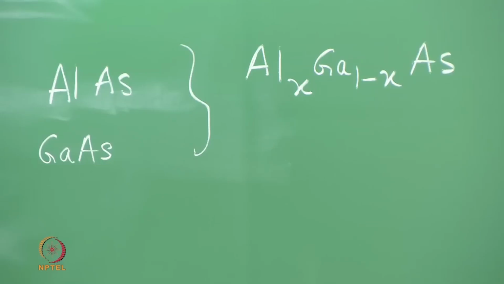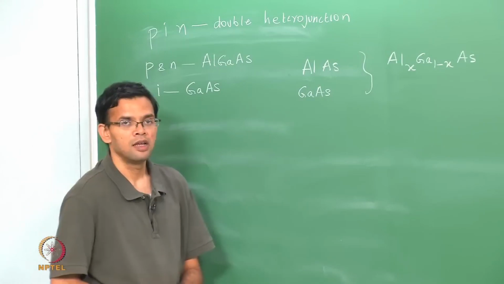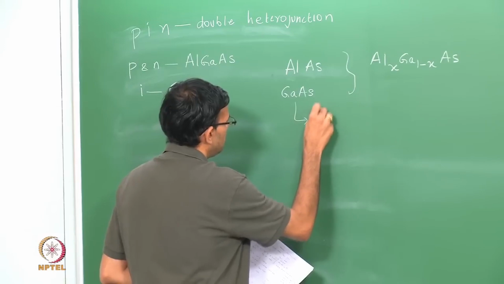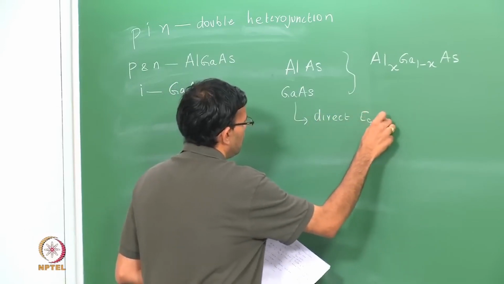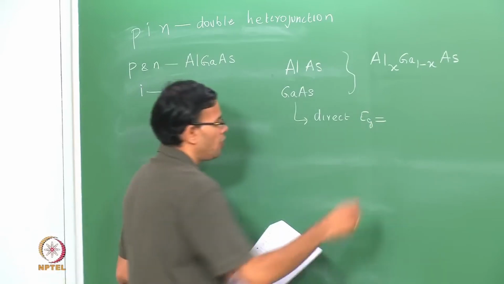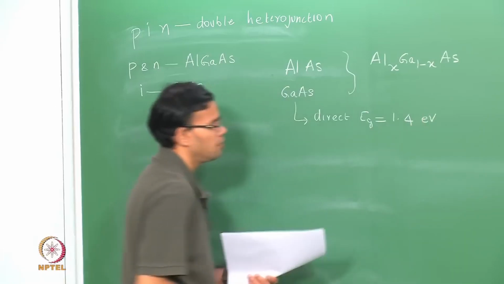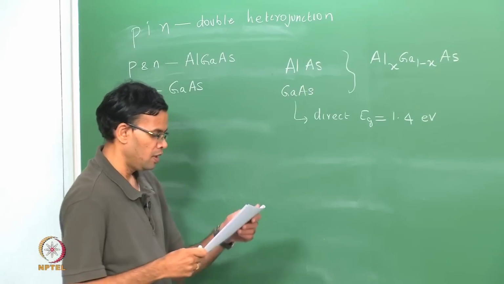So, when x is equal to 1, it is aluminum arsenide, and when x is equal to 0, it is gallium arsenide. Now, gallium arsenide is a direct band gap semiconductor with an Eg of 1.4 electron volts, approximately, it is more like 1.42 or 1.43.